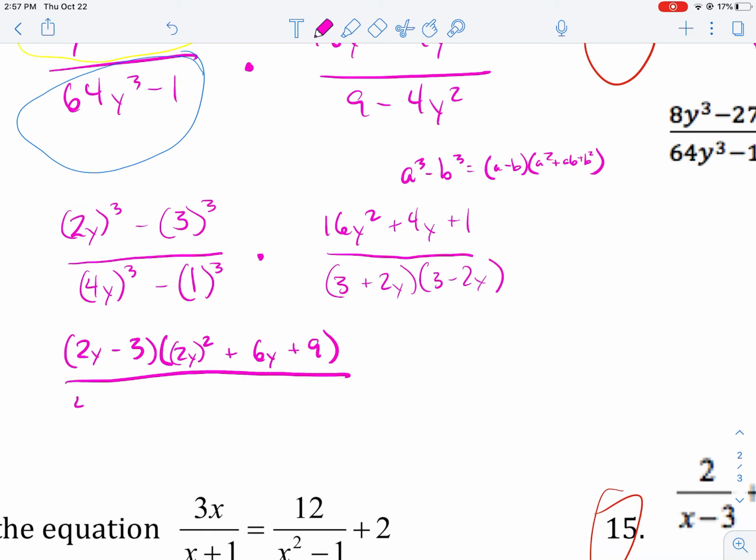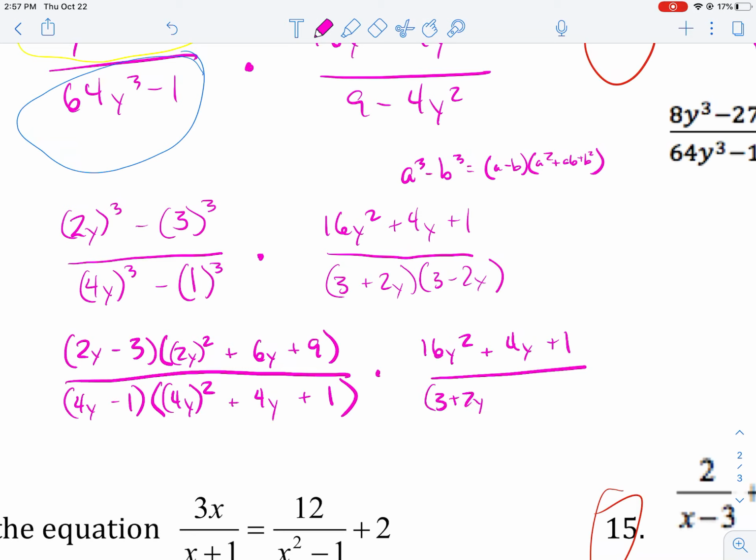Down below, 4y minus 1 will be our a and b value. So we get 4y squared plus 4y times 1 is just 4y plus 1 squared, or 1 squared is just 1. Over here, we got the 16y squared plus 4y plus 1 all over 3 plus 2y, 3 minus 2y.